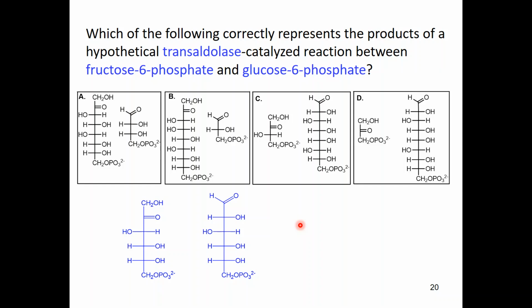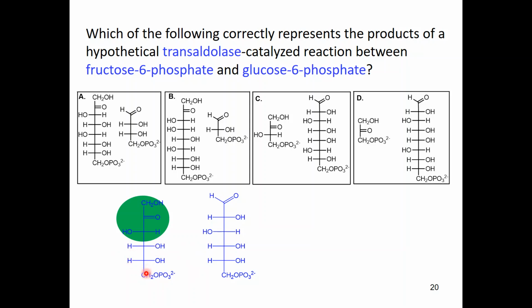Transaldolase catalyzes cleavage of the C-C bond between the alpha and beta carbon of a ketose. It results in the transfer of a free carbon fragment from this ketose on top of the second substrate, which is an aldose. As a result, the bottom portion of this ketose becomes an aldose.